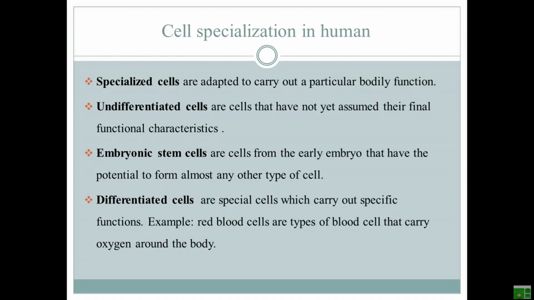Examples: red blood cell, nerve cell, epithelial cell, reproductive or gametic cells, etc. Differentiation takes place as some of the genetic material or genes in the nucleus of the cell are switched on and others are switched off. Human embryonic stem cells are important to grow new adult tissues to replace diseased tissue and treat illnesses.